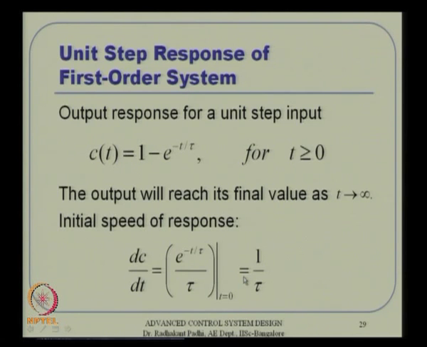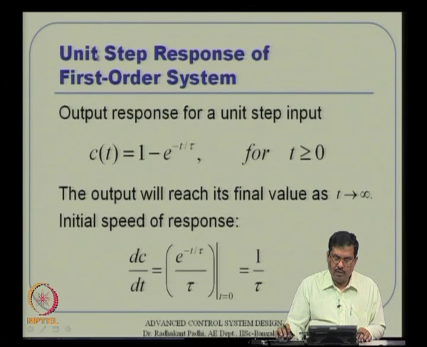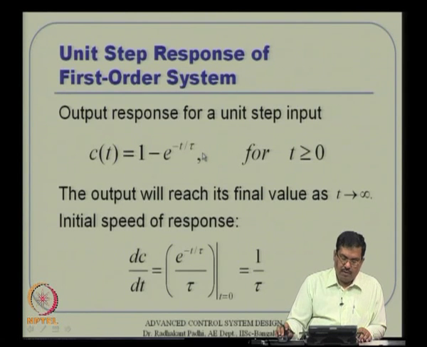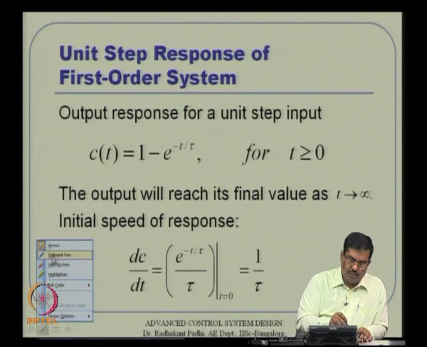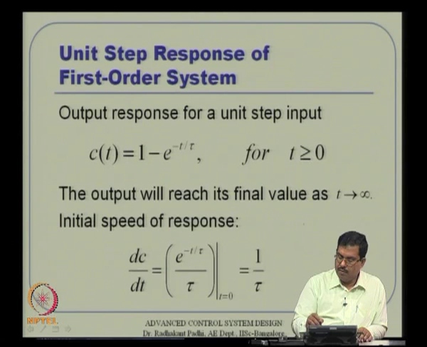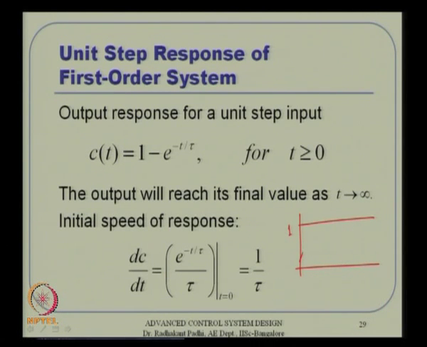If you consider a unity step response, that means the input is 1, then we have C of t in this form: 1 minus e to the power minus t by tau. That is what the unity step response is all about. If you see the nature of the curve, it will be something like this, you have 1 here, and starting from the initial condition, you go exponentially.